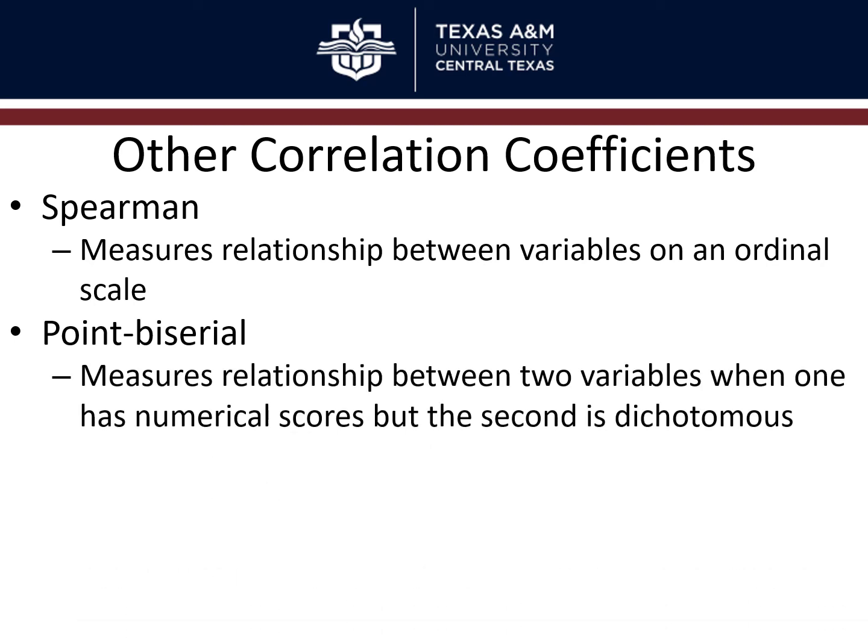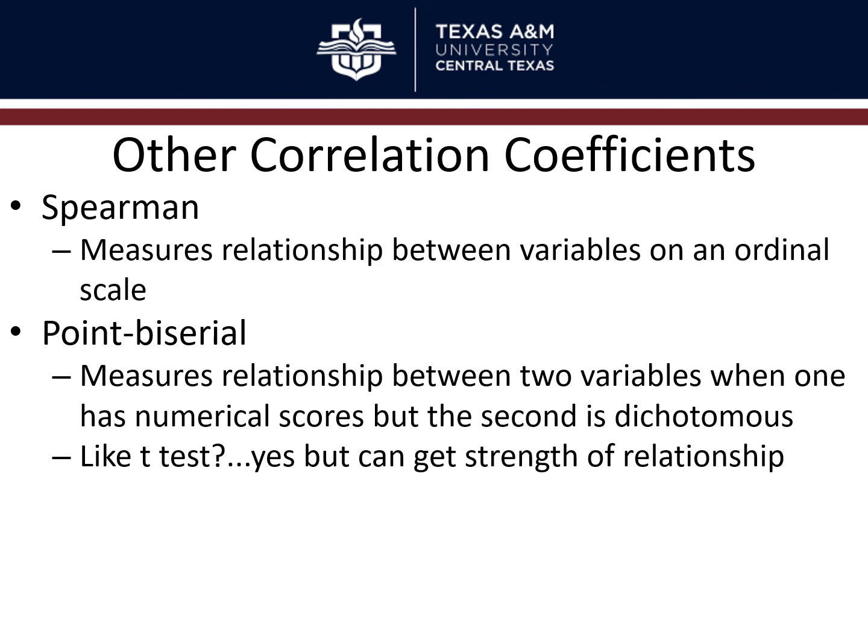The point biserial measures relation between two variables when one has numerical scores, but the second is dichotomous. So if you had two groups, men and women, and scores on a test, is gender related to scores on the test? You could compute a point biserial correlation coefficient. You might think, well, if I had two groups, wouldn't I just do a t-test? Yeah, you could. But the point biserial gives you something slightly different.